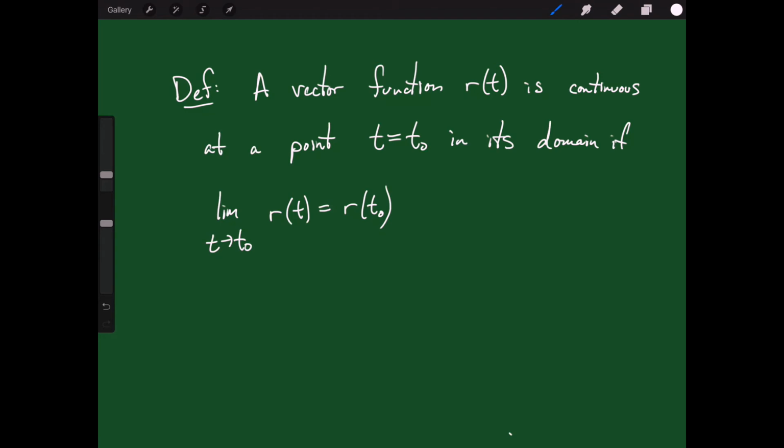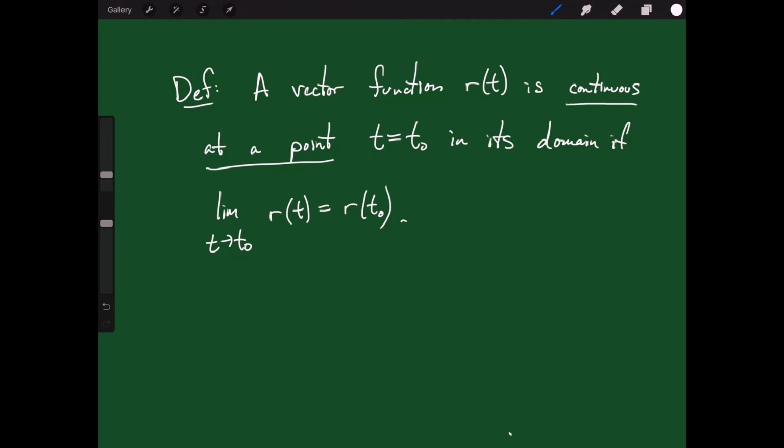And really this is no different than the definition of continuity at a point for real valued functions. Now we're just taking 3 limits instead of 1. So if the limit as t goes to t0 of r of t equals r of t0, then we say that this vector valued function is continuous at that point.